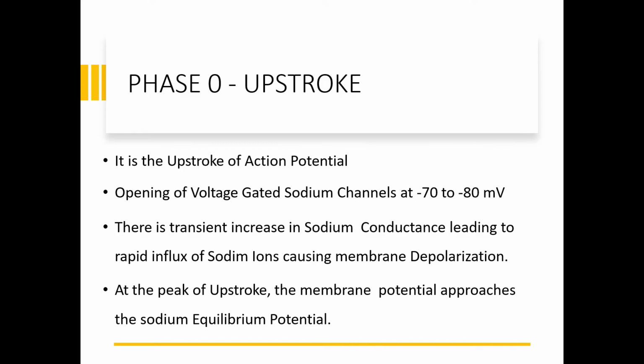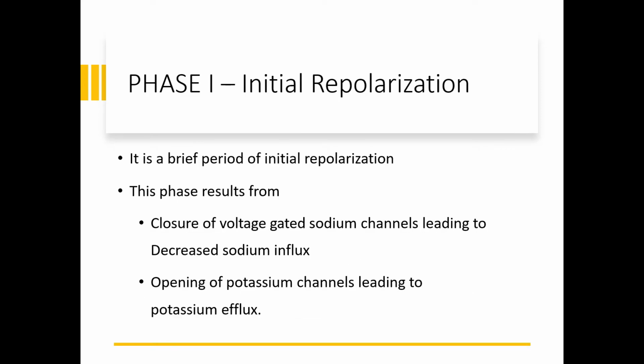particularly the ventricular muscle. Now come to the initial repolarization, which is known as phase 1. Basically, this is not the proper repolarization, but a brief period of initial repolarization, which means there is a downward deflection we can observe in the graph.